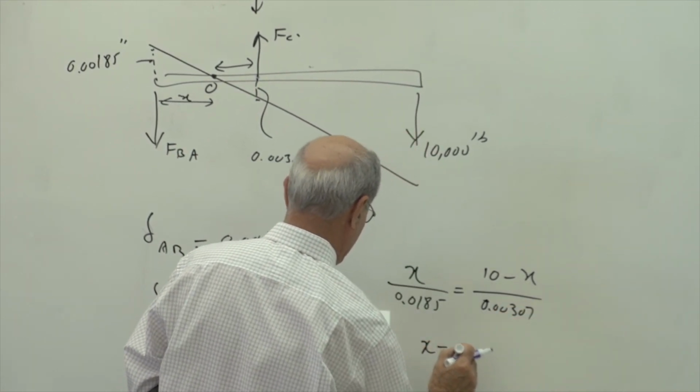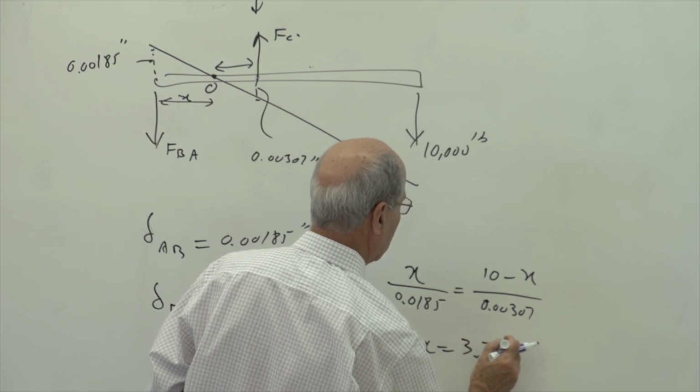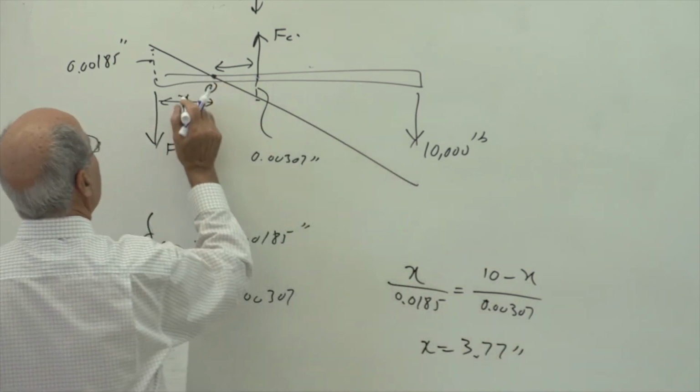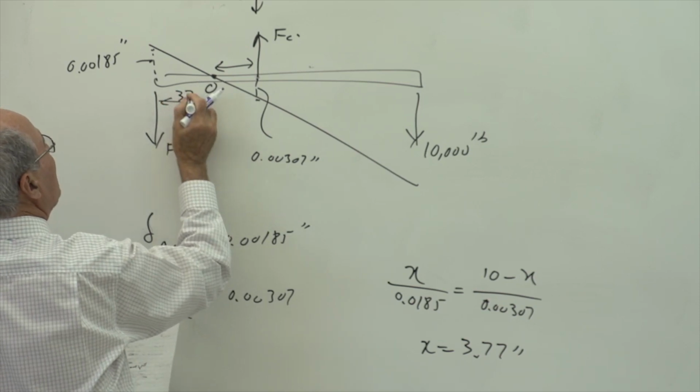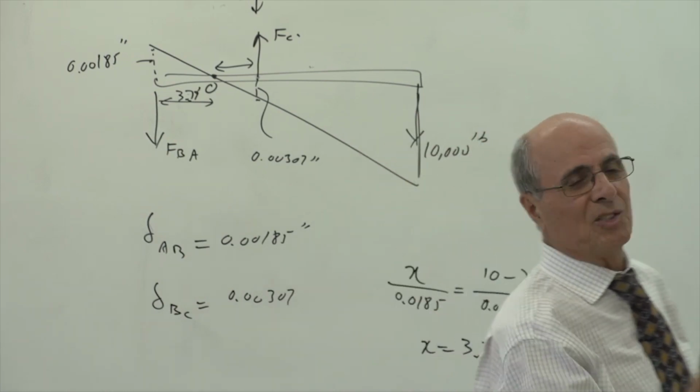Then you calculate the location x, which ends up being equal to 3.77 inches. As soon as you have this length equal to 3.77, you use geometry to calculate how much that point goes down. The rest, again, is geometry.